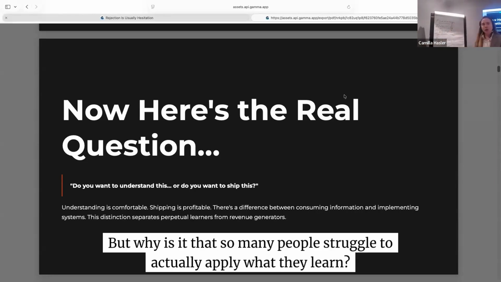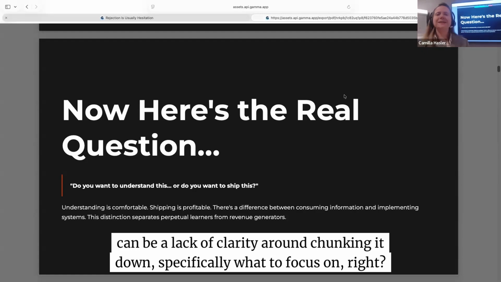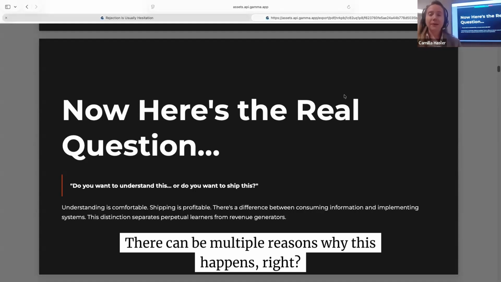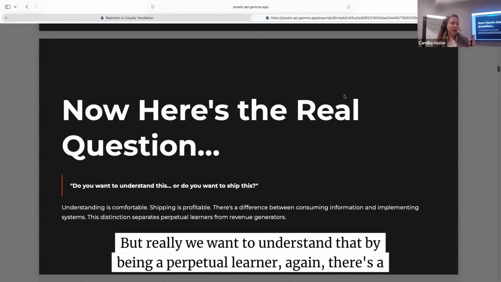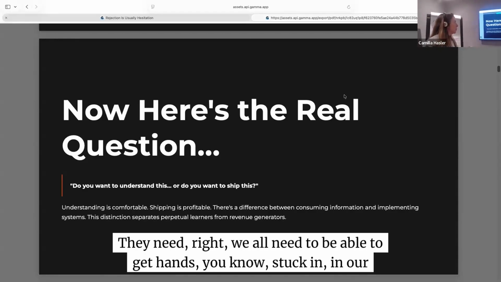But why is it that so many people struggle to actually apply what they learn? It could be habits around doing that well. It can be a lack of clarity around chunking it down, specifically what to focus on. There can be multiple reasons. But really, by being a perpetual learner, and there's a huge culture of that in entrepreneurship and for founders, we all need to get our hands stuck into our business.